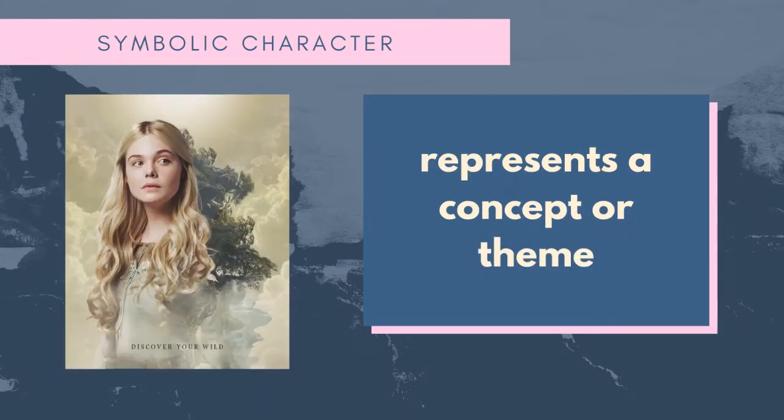And we have here the symbolic character. Now, a symbolic character represents a concept or a theme. In the movie Maleficent, we have here Aurora. Aurora has so much hope and love and conviction in her belief, in her innocence and inner goodness.